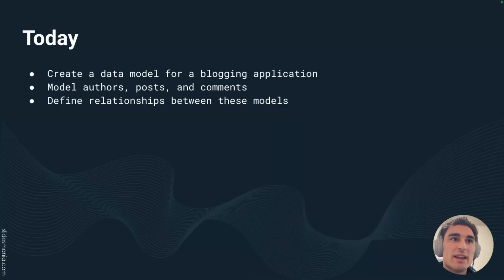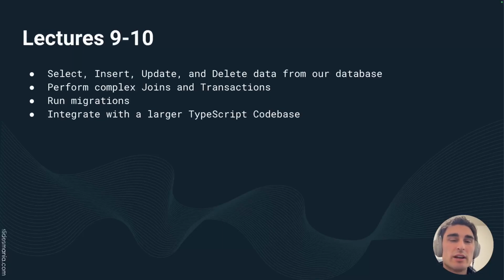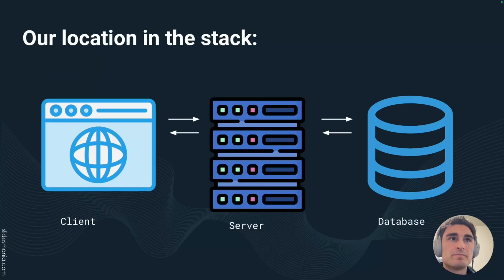So as I said, today we are just going to be worrying about modeling our data, and then later we will worry about actually querying our data and doing all kinds of other stuff with our database. And just to orient ourselves, for the last however many lectures, we have been talking about the front-end user interface client that our end user uses to interact with our application.